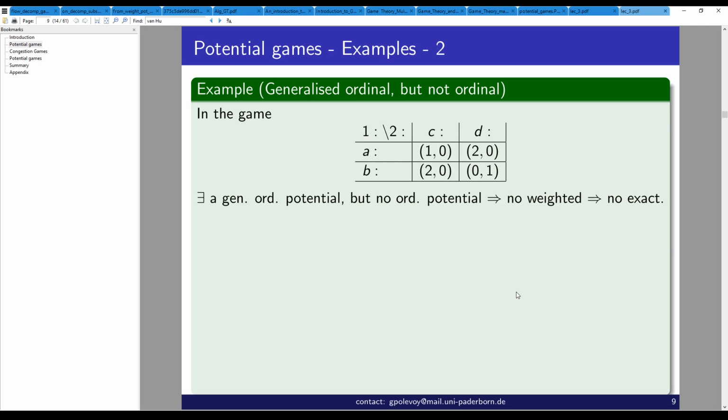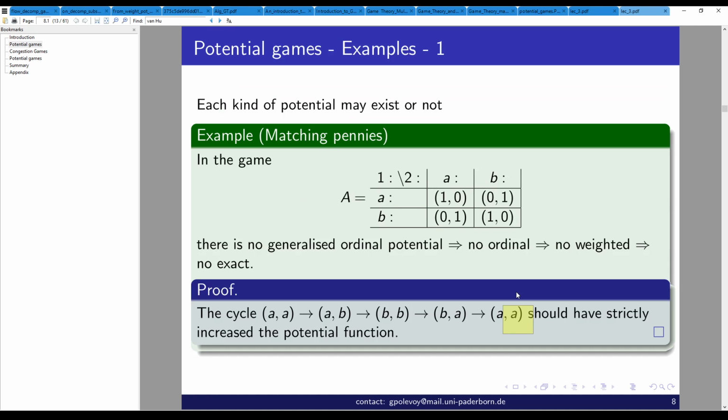Now, another example: a game which does have a generalized ordinal potential, but does not have an ordinal potential. So the game is generalized ordinal, but it's not ordinal. In the same way, matching pennies, going back, is not a generalized ordinal potential game because it does not admit a generalized ordinal potential function.